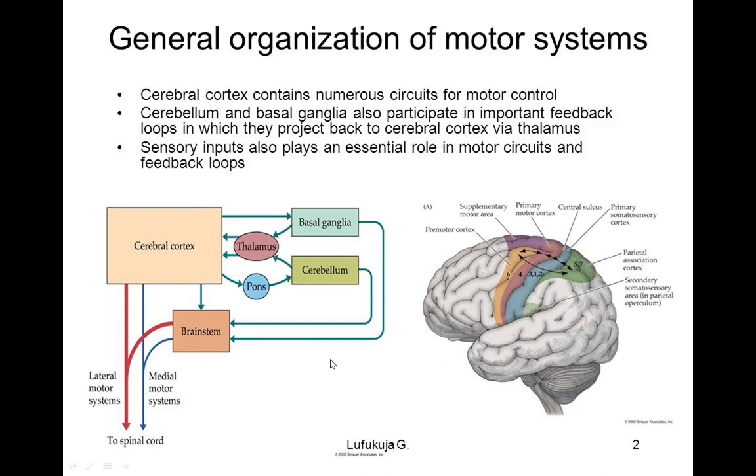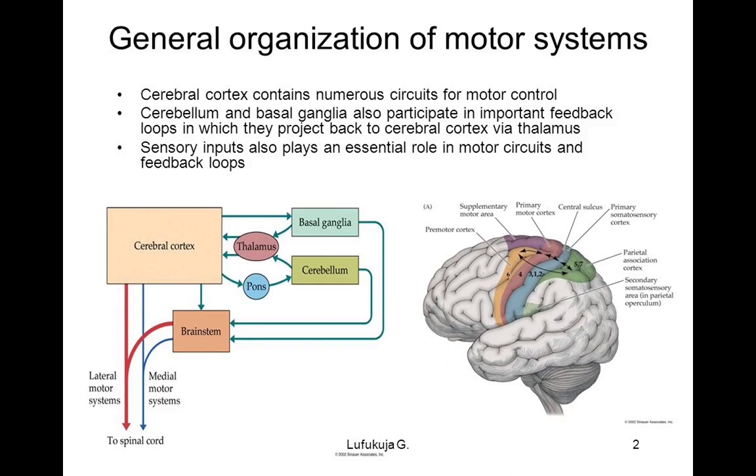Now let us have a look at this area, which we call the cerebral cortex, or the motor cortex for that matter. The motor cortex basically consists of the primary motor cortex, which is lying in front of the central sulcus. So this is the central sulcus, and just in front of it you have the primary motor cortex, and behind the central sulcus you get the primary somatosensory cortex, which we have discussed at great length when we were discussing the sensory system.